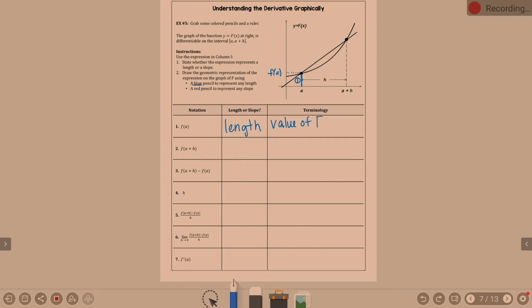Value of f at x equals 3, or we could say y value when x equals 3. Those are equivalent in my brain. Okay?